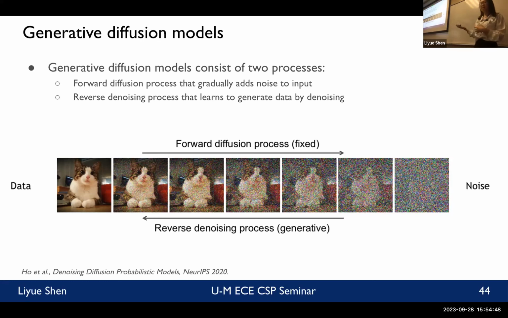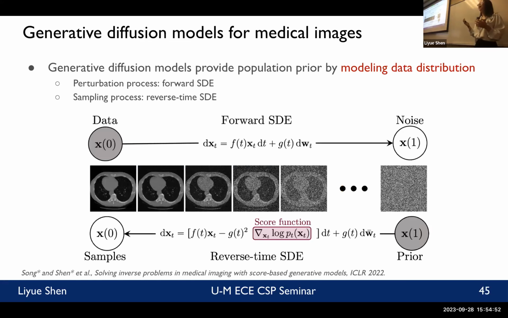People have been proposing and applying this on natural images, but definitely we can use it for medical images. If we are given a cohort or population of different patient data, for example lung CT images, we can also use the generative diffusion model to capture the distribution of lung CT images by doing this transformation between the standard Gaussian distribution and the real distribution of the lung CT images.